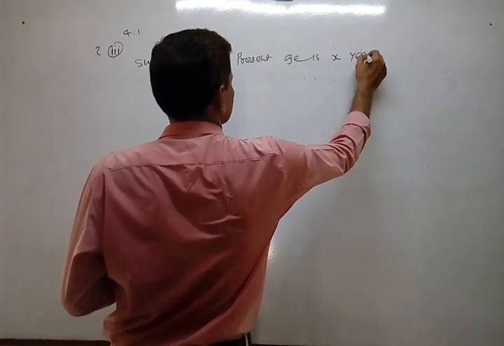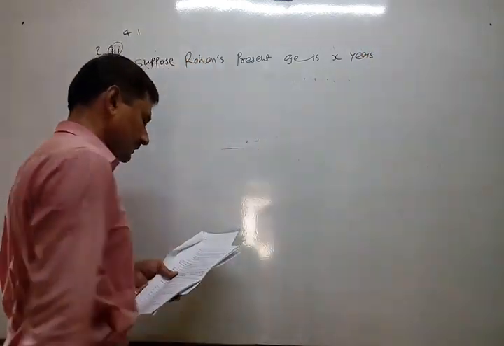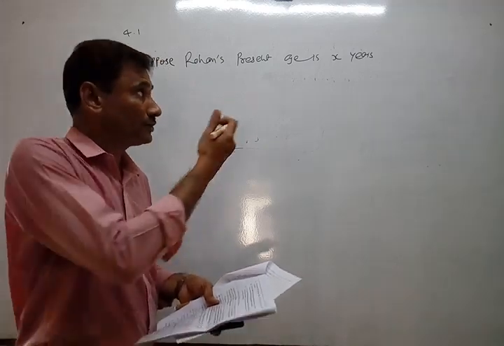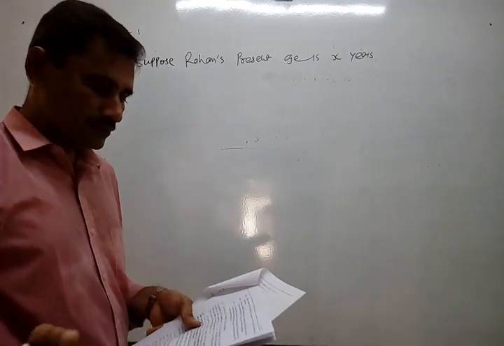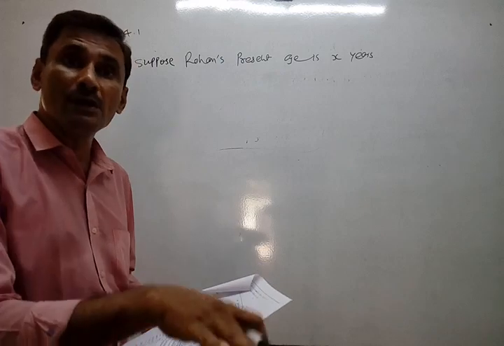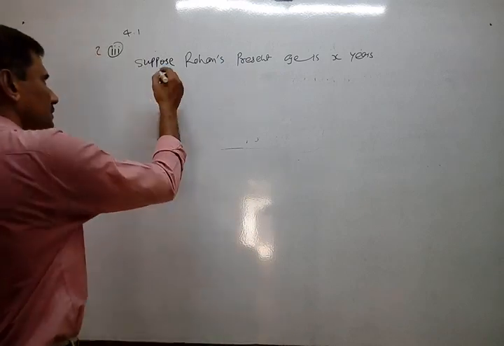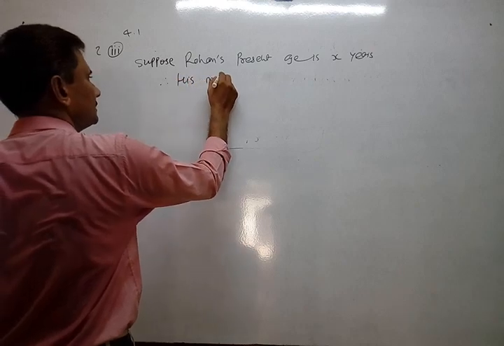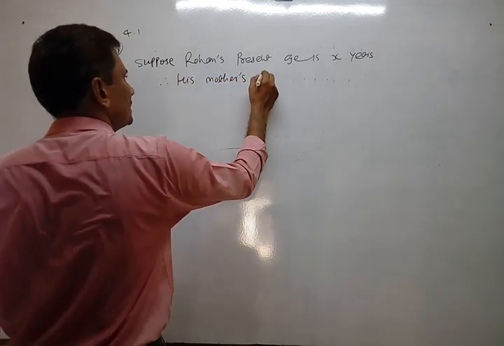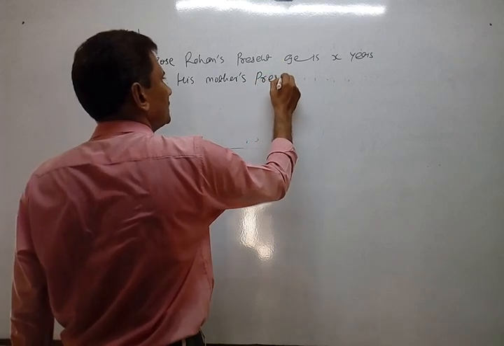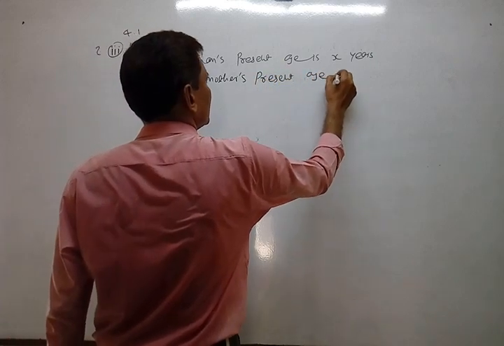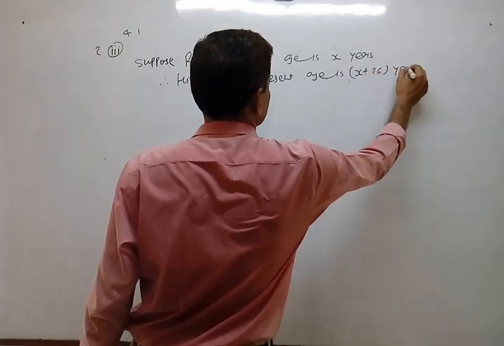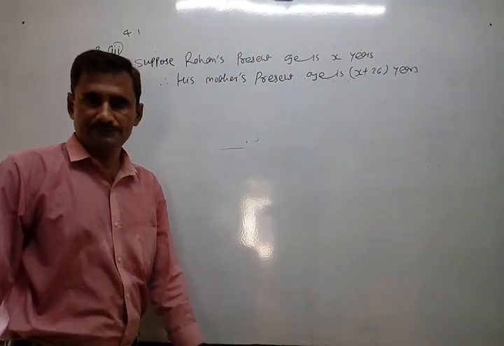Obviously his mother's age is 26 more, which means x plus 26. Rohan's mother is 26 years older than Rohan, so it is very clear. Therefore, Rohan's mother's present age is x plus 26 years. Very clearly it is given.